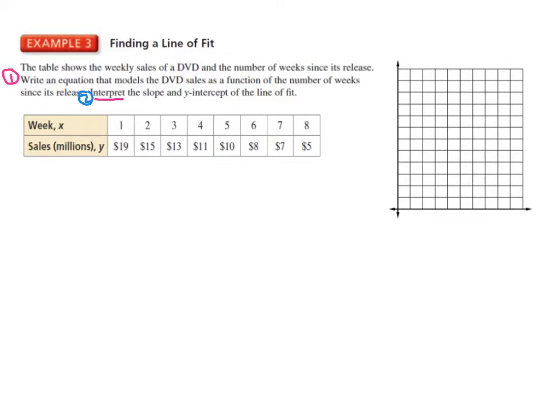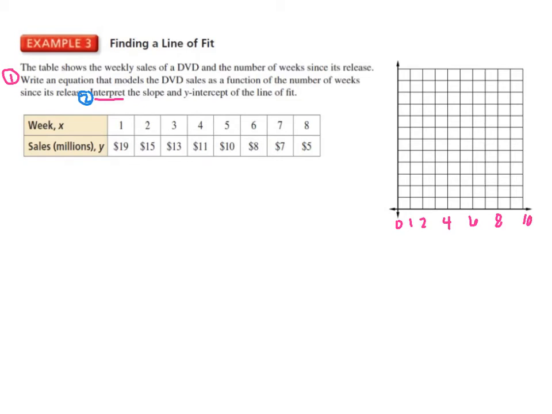Okay. So first step, if we look above at those steps, is to make a scatter plot. Right, so I need to plot all those points on a graph. I think I'm going to go by ones on my x-axis. Right, so 0, 1, 2. Maybe I'm only going to label every other line, 4, 6, 8, and 10. But I'm going by ones along my x-axis. Right.